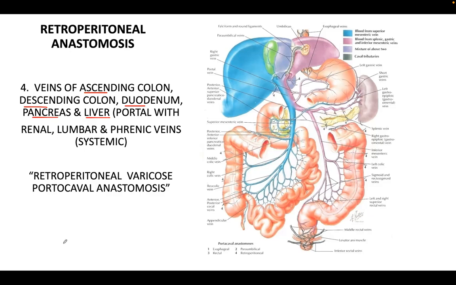So that is the major difference. Okay? Lymph nodes yung Sister Mary Joseph's, while caput medusae is blood vessels. Okay? So please take note of that. Now, looking at this, ascending colon, descending colon, duodenum, pancreas, liver. So please take note, okay? The veins from these areas.